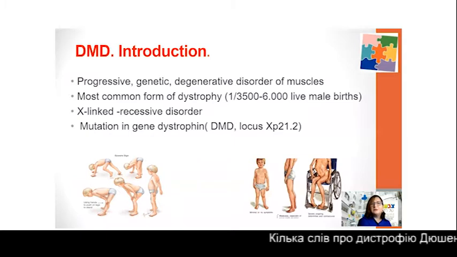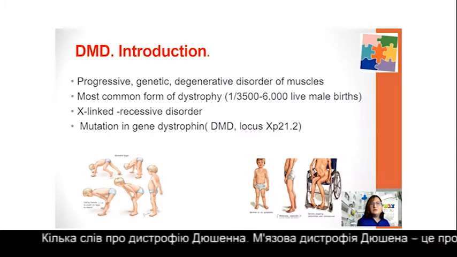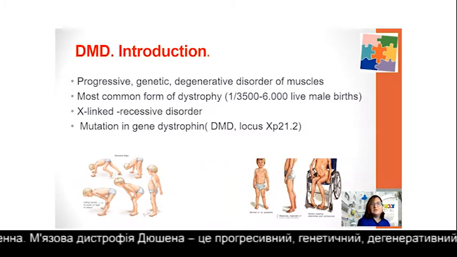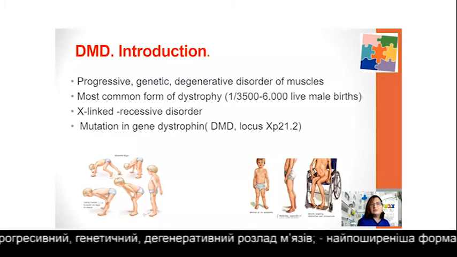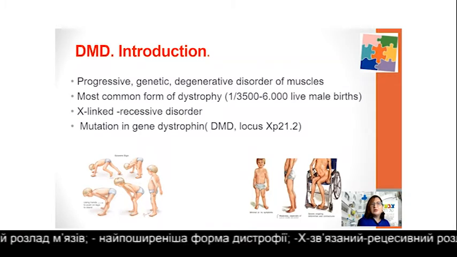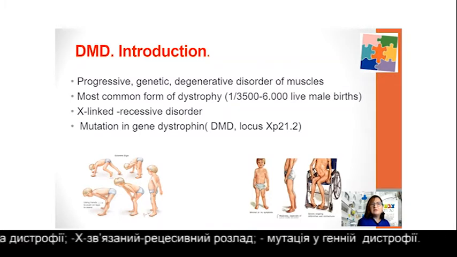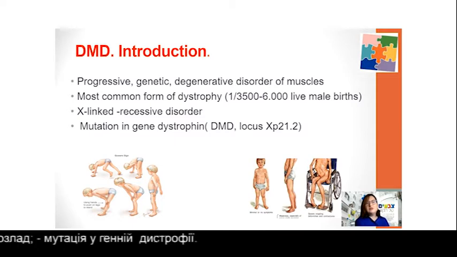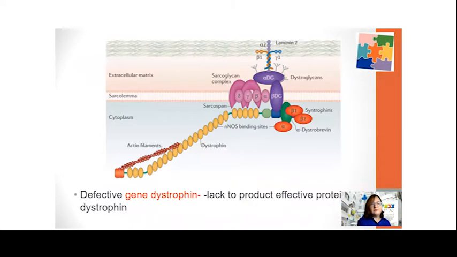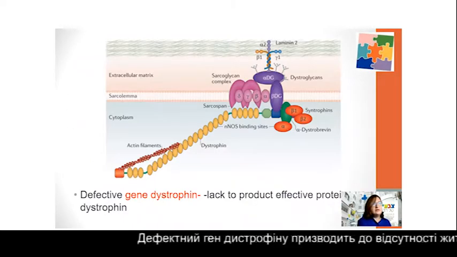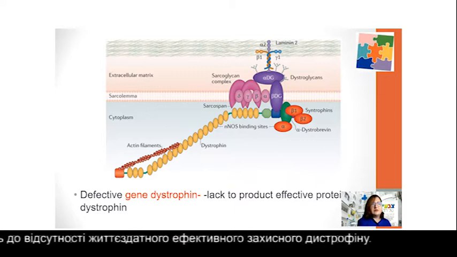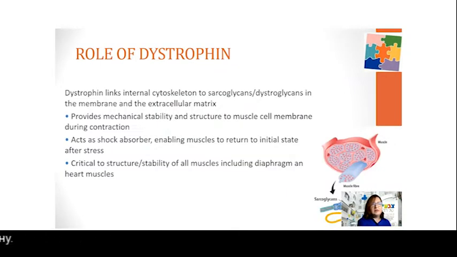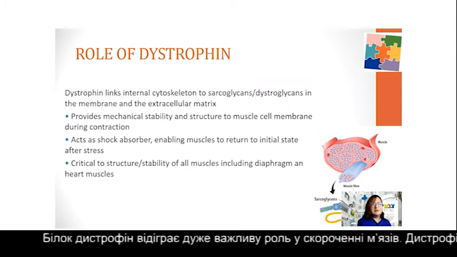A few words about DMD. Duchenne muscular dystrophy is a progressive, genetic, degenerative disorder of muscles. It is the most common form of dystrophy, an X-linked recessive disorder with a mutation in the dystrophin gene. The defective gene leads to a lack of effective dystrophin protein, which has a very important role in muscle contraction.